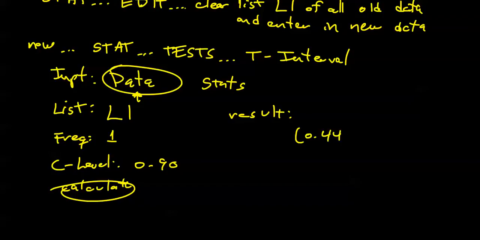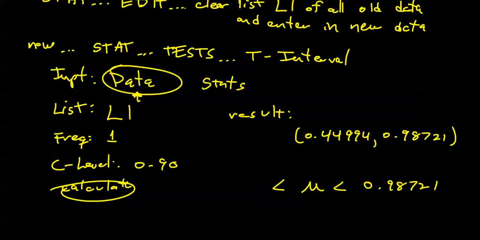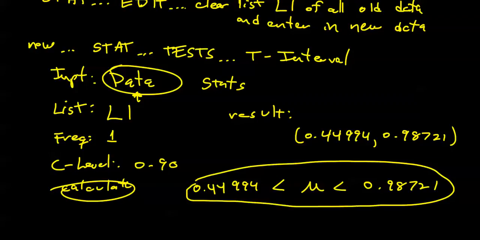Here is my confidence interval in parentheses notation, which I'm not too crazy about. I prefer this double-sided inequality notation. It's a bit more descriptive, more intuitively pleasing, I think. 0.44994 on the low end. So there is my result.